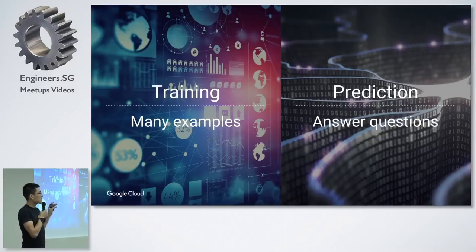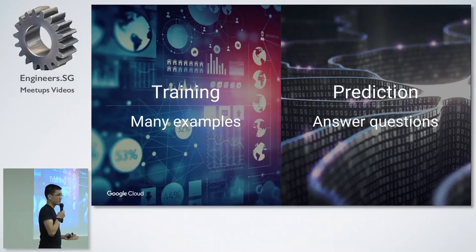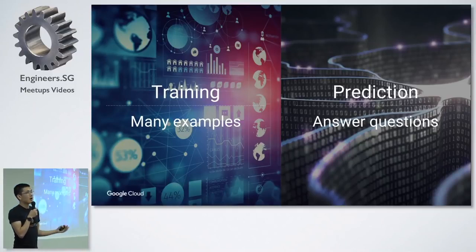The reason I showed this slide is to emphasize the point that machine learning is useless if you drop either side. The best model in the world, if you can't serve predictions to your users reliably, securely, and scalably, assuming those are all important requirements to you, isn't very useful.